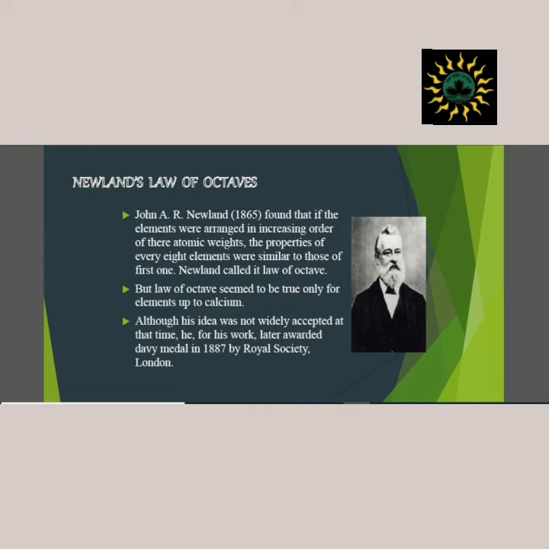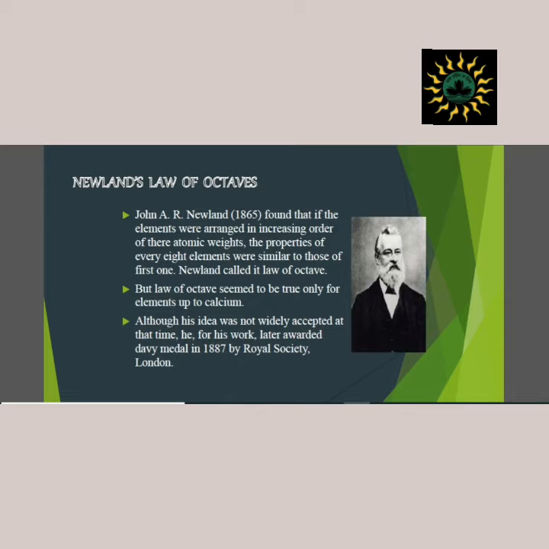After Dobereiner, the next major contribution was by John Newlands, an English scientist. In 1866, he arranged about 56 elements known at that time in order of their increasing atomic masses. Surprisingly, if the elements were arranged in increasing order of atomic weight, the properties of every eighth element were similar to those of the first one.